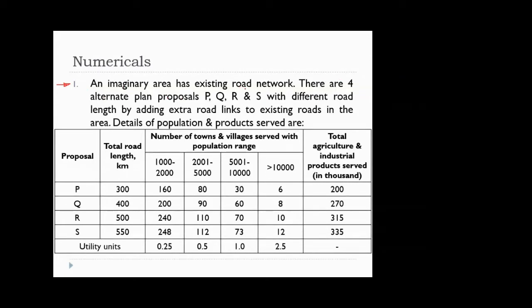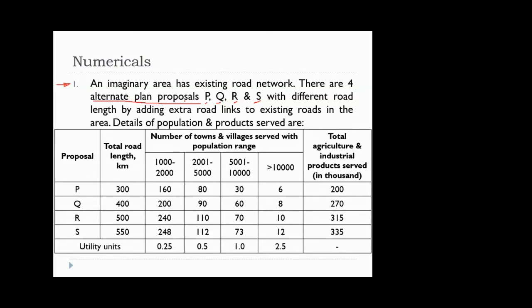In the road network, it has alternate proposals. There are 4 proposals: P, Q, R, and S with different road lengths. You can relate this numerical to the third scenario that I had shown a few slides back, where you had 4 different roads with different lengths, varying from 5 kilometers to 20 kilometers.